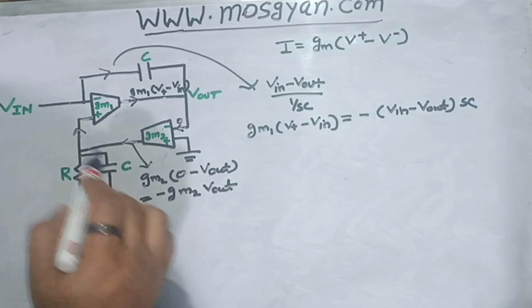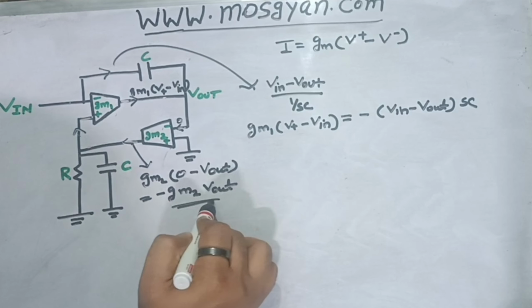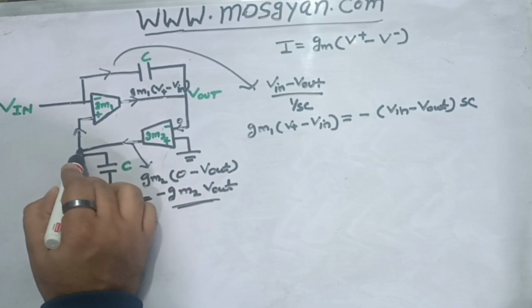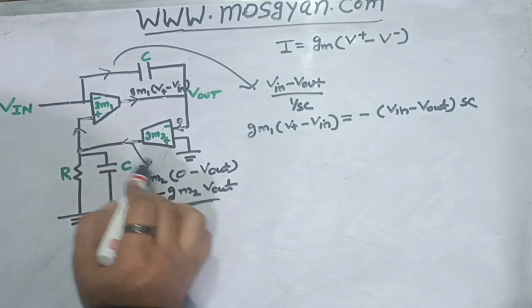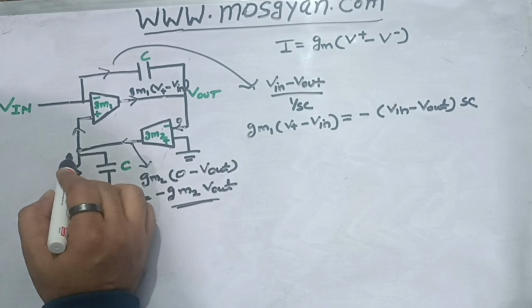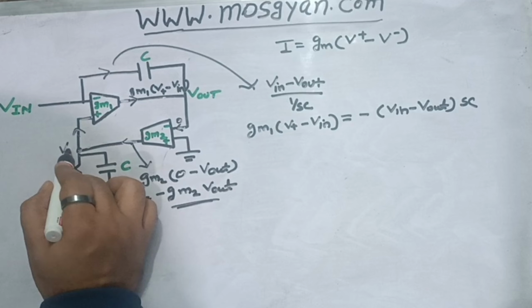So since this is the amount of current which we have calculated, if I have to write the voltage here, this voltage would be equal to this impedance into the current which we have calculated. Let's call this VA potential.